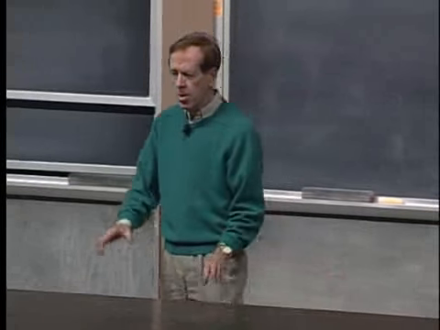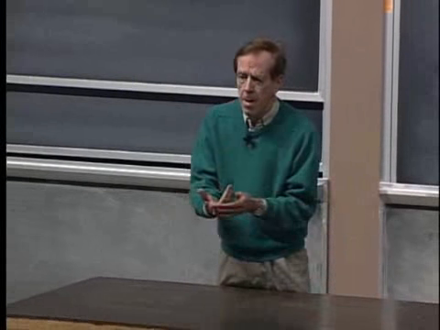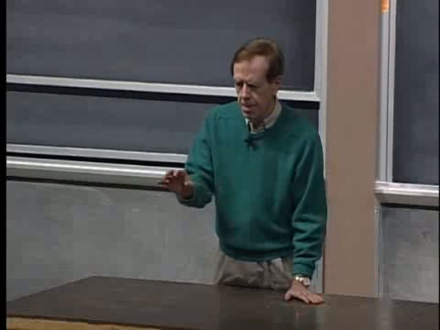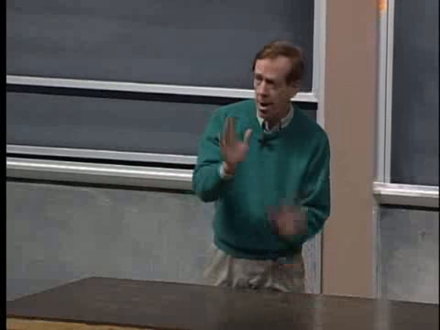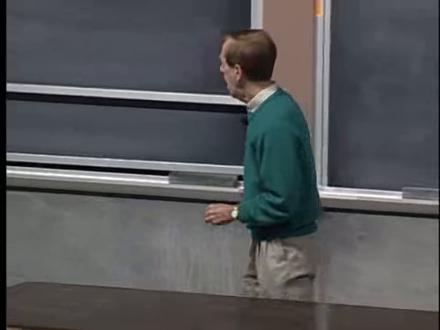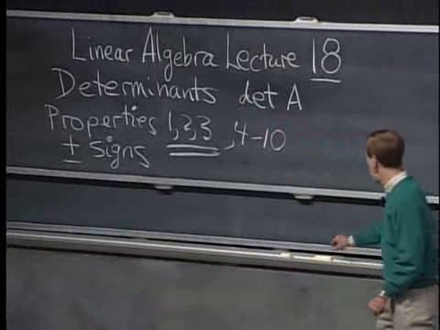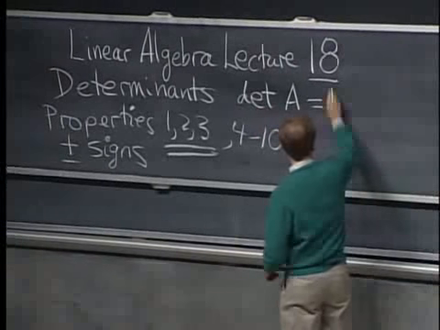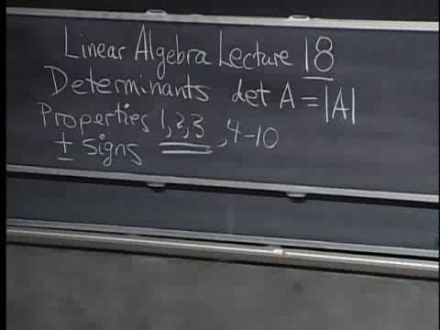Okay, so the determinant is a number associated with every square matrix. Every square matrix has this number associated with it called its determinant. I'll often write it as det A, or often also as A with vertical bars.